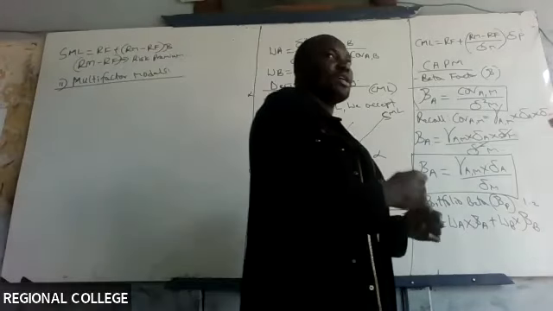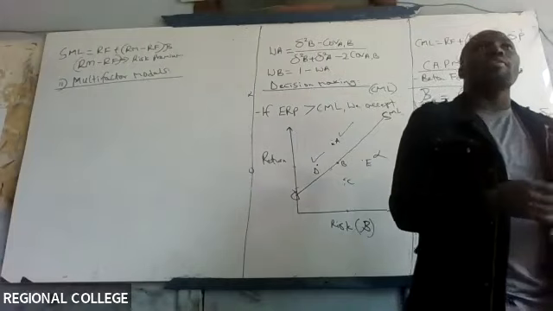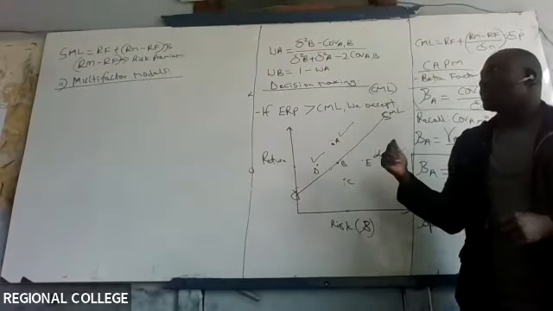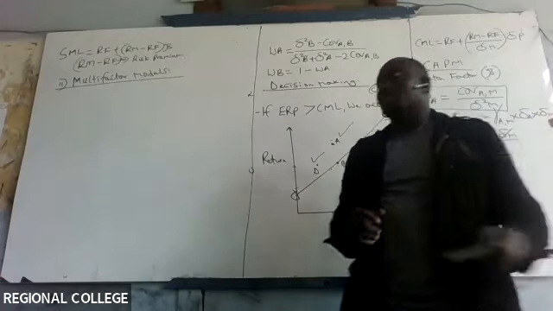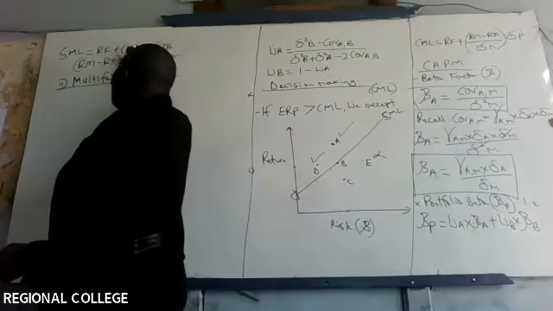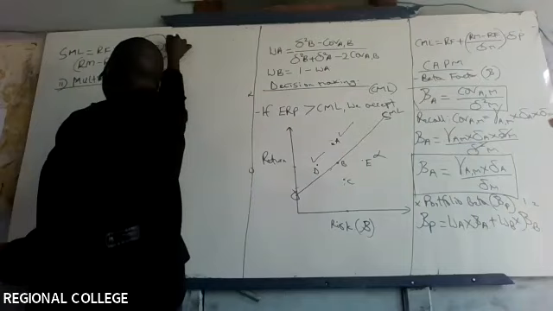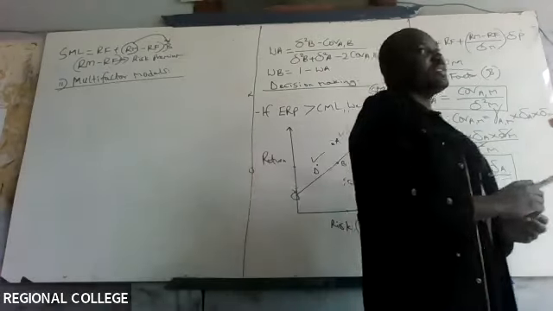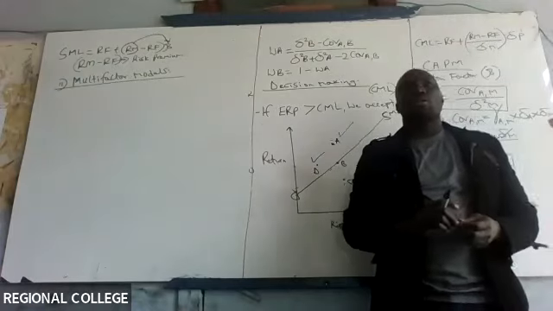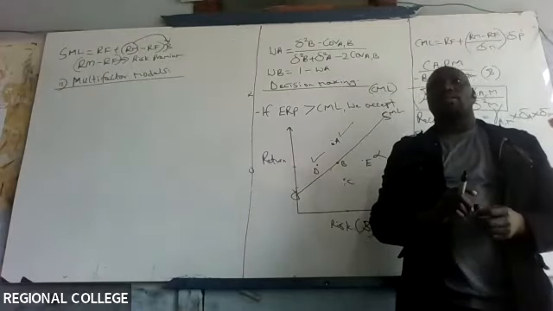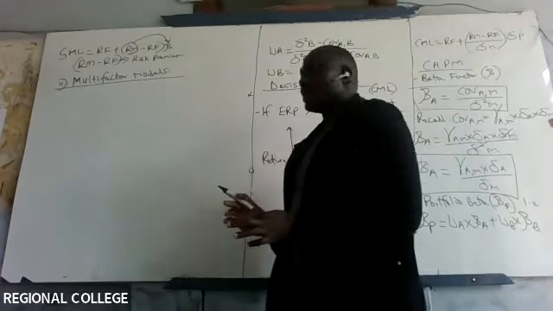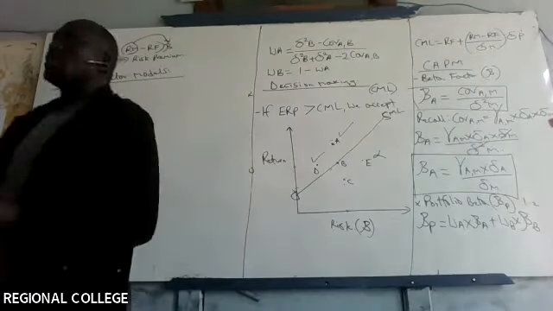That's how CAPM came into place. Even after CAPM, it only considers a single factor of systematic risk, the market. Other models came in and said we cannot only consider one factor, because systematic risk is a combination of many factors. And that's why we have the multi-factor models.